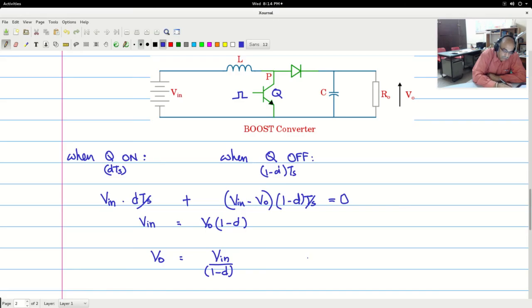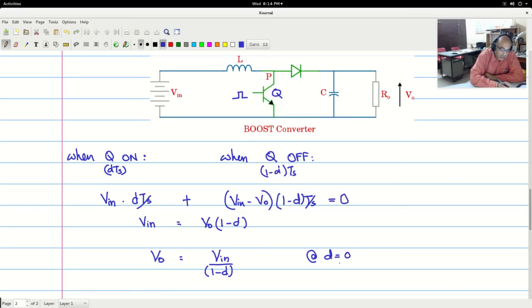Now see here that at d is equal to 0, that is the Q is never turned on, the inductance eventually becomes a short, Vin comes directly to the output, V0 will be equal to Vin, d is 0.